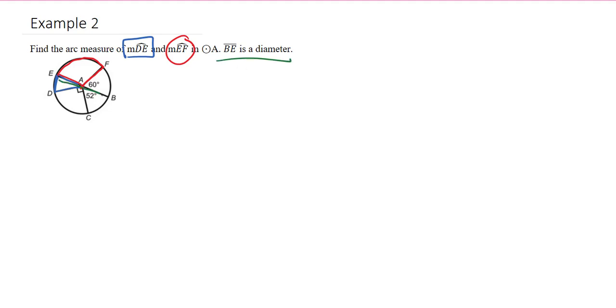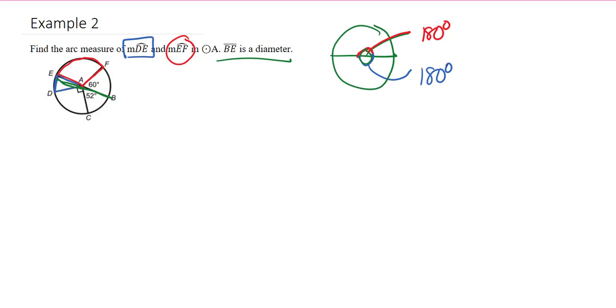So that's important. Why is that important? Well, if you take a circle, which is 360 degrees all around, and cut that in half, then the top part is 180 degrees and the bottom is 180 degrees, because 360 divided by 2 is 180.